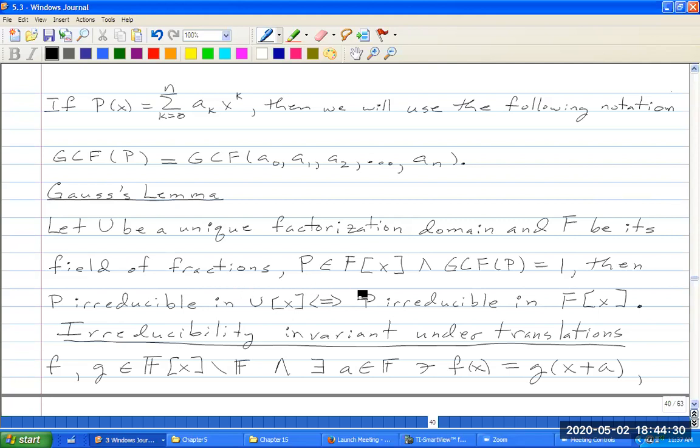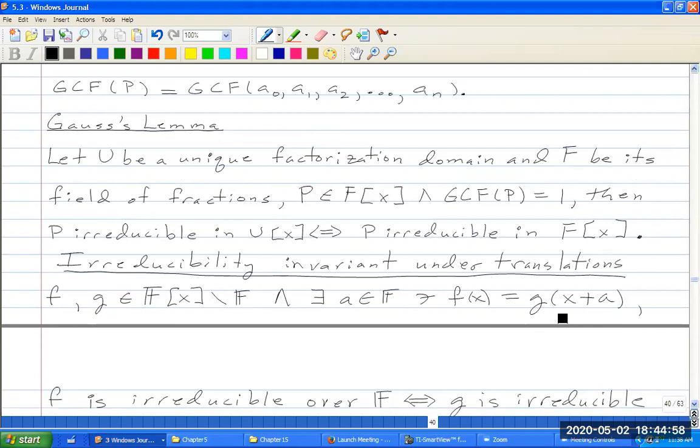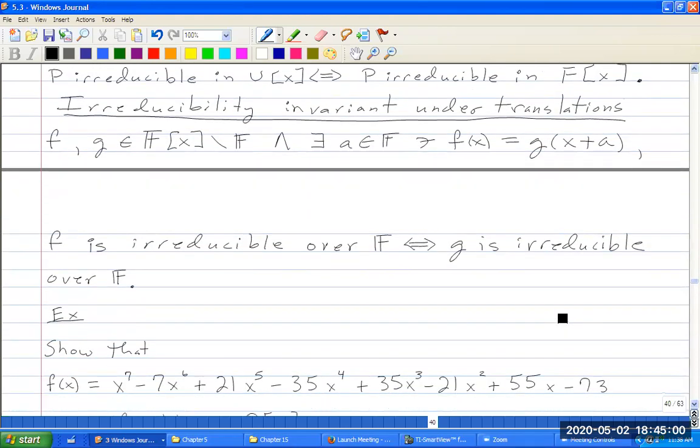Then P is a polynomial with coefficients in U, and the greatest common factor of P is 1, meaning that all the coefficients are relatively prime. Then P is irreducible in U if and only if P is irreducible in F.